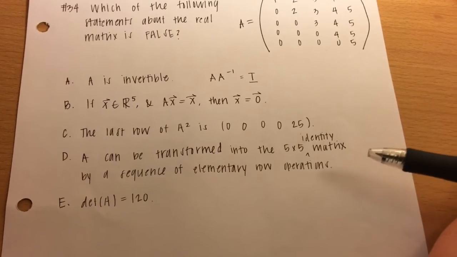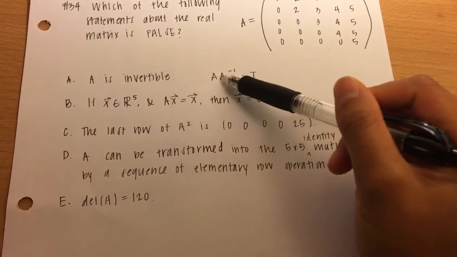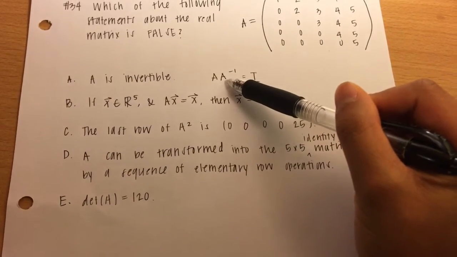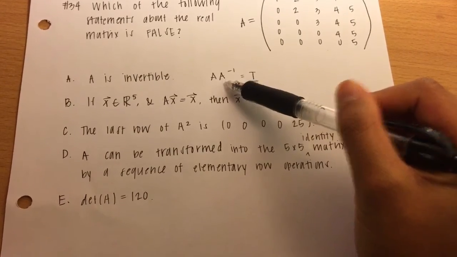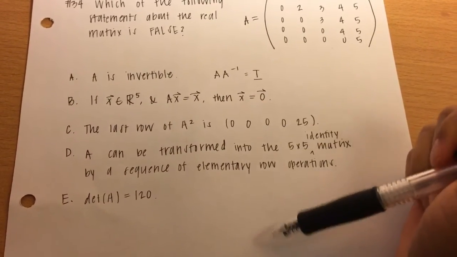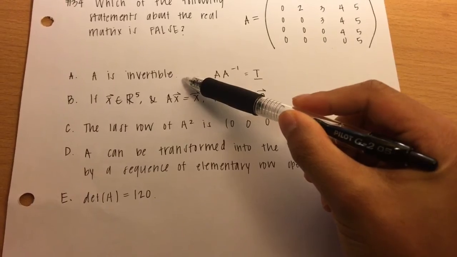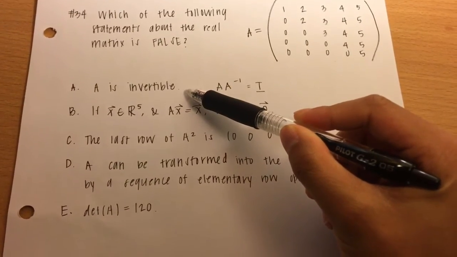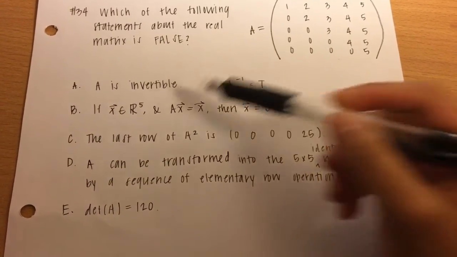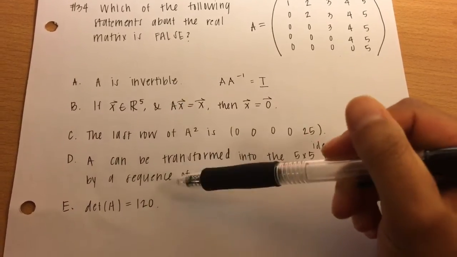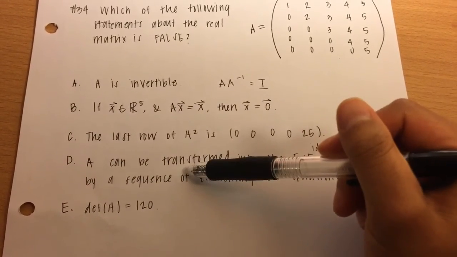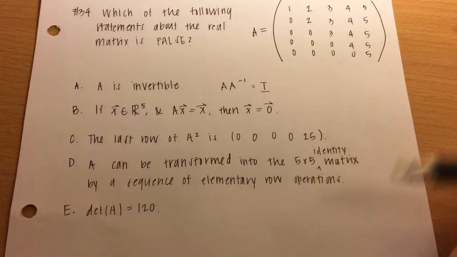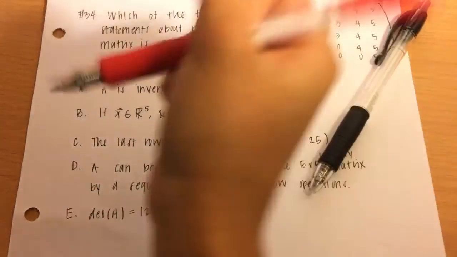If this statement is true, we know that an inverse of A exists because we are able to get the identity matrix by reducing A, which means A is definitely invertible, which means this is true. A is true, E is true, D is true, and since we already know C is true, that leaves us with B.